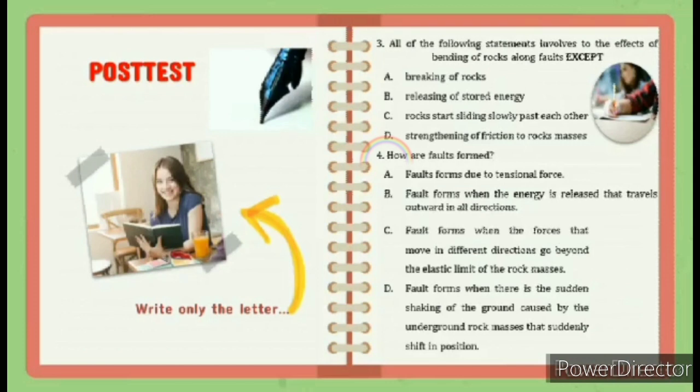A. Faults form due to the tensional force. B. Fault forms when energy is released that travels outward in all directions. C. Fault forms when forces that move in different directions go beyond the elastic limit of the rock masses. And letter D. Fault forms when there is the sudden shaking of the ground caused by underground rock masses that suddenly shift in position.